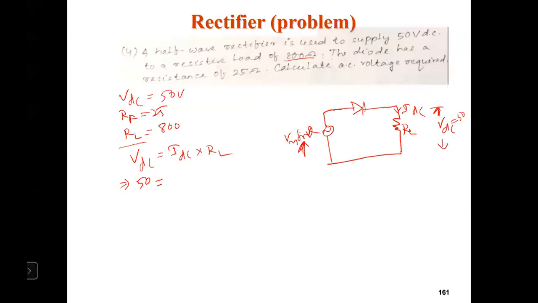Vm is the input AC signal value. So from that you can say, in place of IDC, I can say the maximum value Im by pi, because you know the relationship between the AC current and the DC current, like in your previous slide.